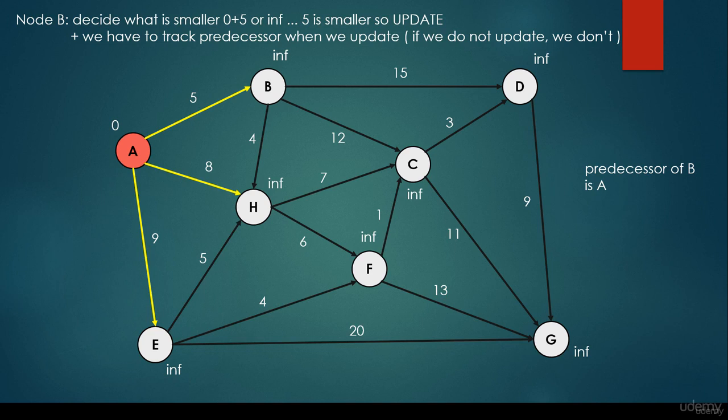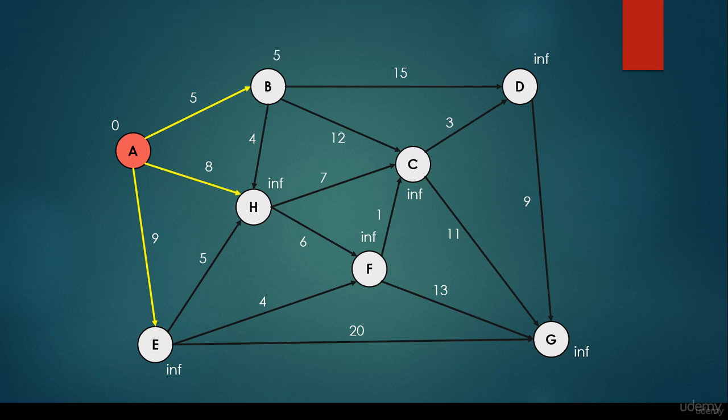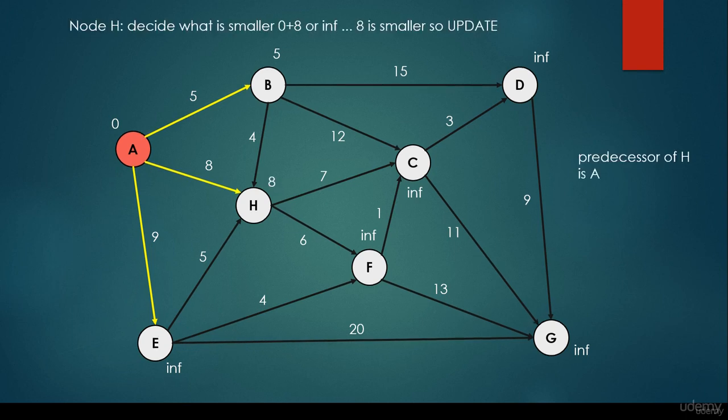If we do not update, then we do not have to update the predecessors as well. In this situation we updated the minimum distance for vertex B to 5, and we tracked that we came from the vertex A.